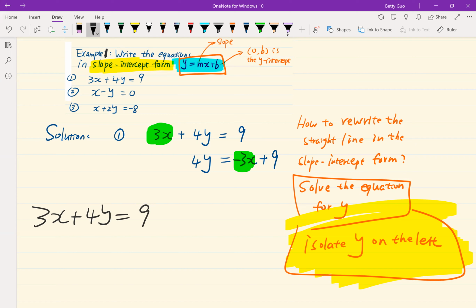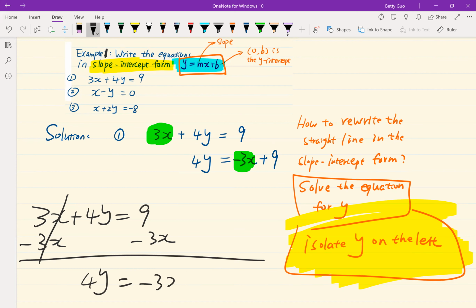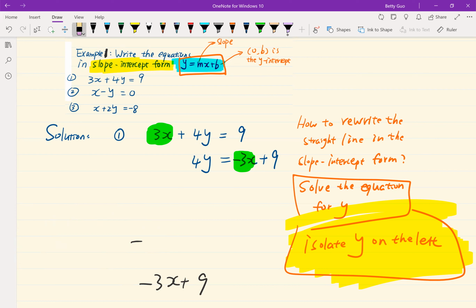What you can do is minus 3x from both sides. And they cancel. Then you have a 4y on the left and negative 3x plus 9 on the right. You get the same thing. But I really think my transposition of terms is more convenient. You don't have to write those things. You can just move it over and change the sign. All right, we are isolating y.